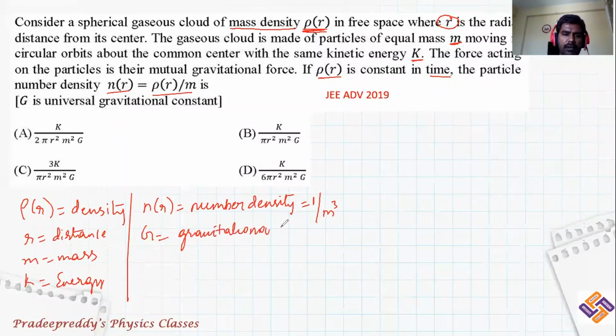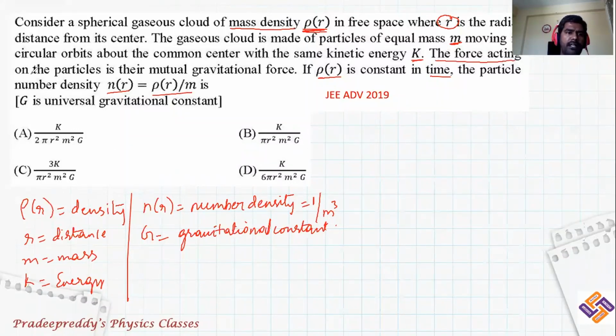The force acting on the particle is their mutual gravitational force, and rho is constant in time. You should now find out which of the following equations is correct for n of R. That's what is being asked in the problem.